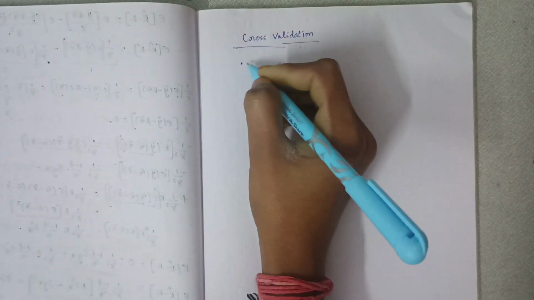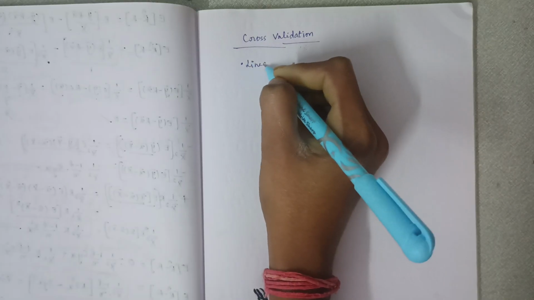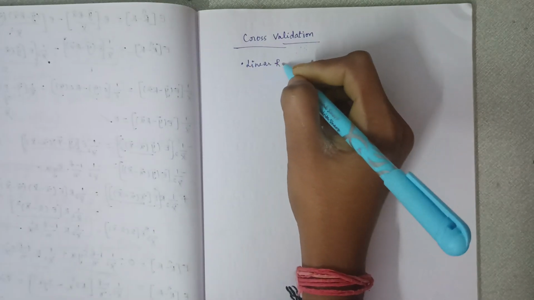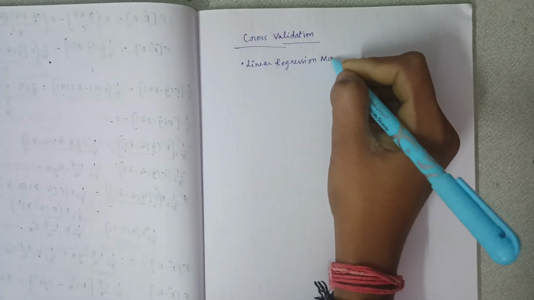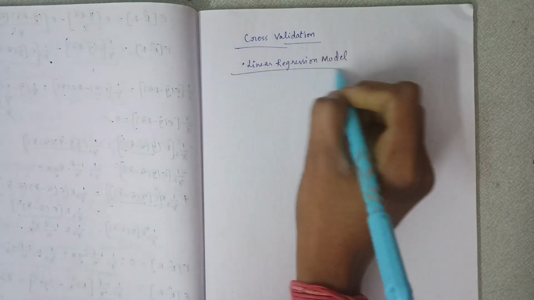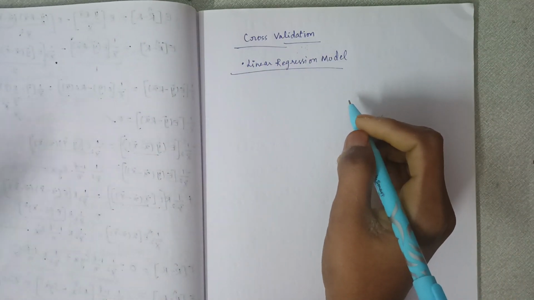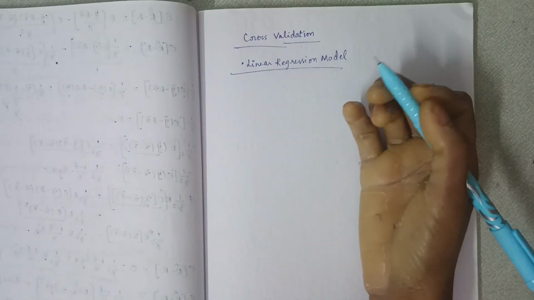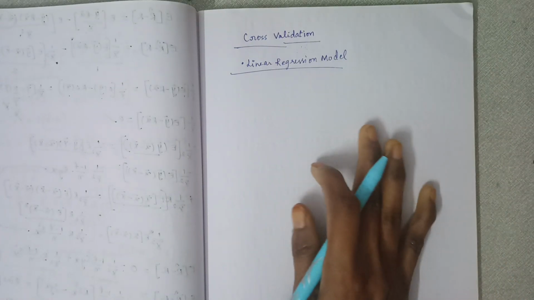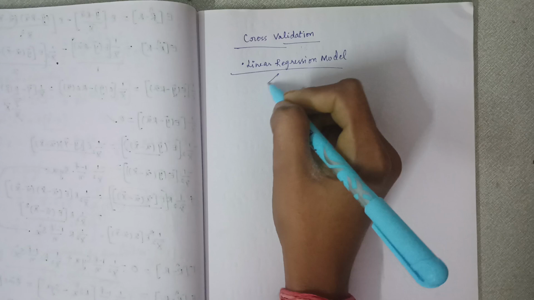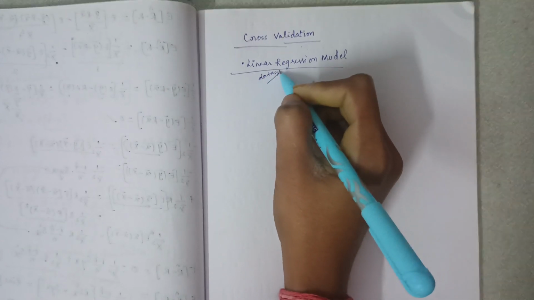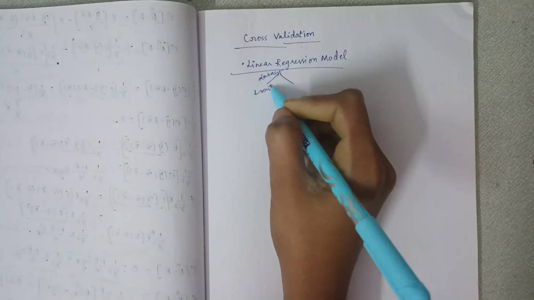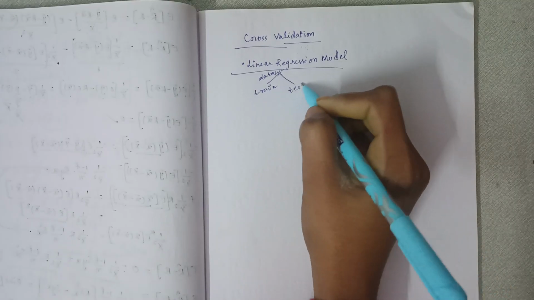For example, if you want to fit a linear regression model, then before fitting the model, you will divide the whole data set into training and testing, right? Which is nothing but you will split the whole data set into training and testing.